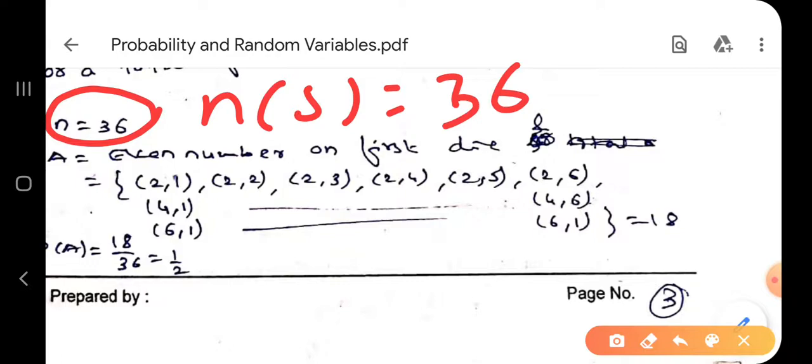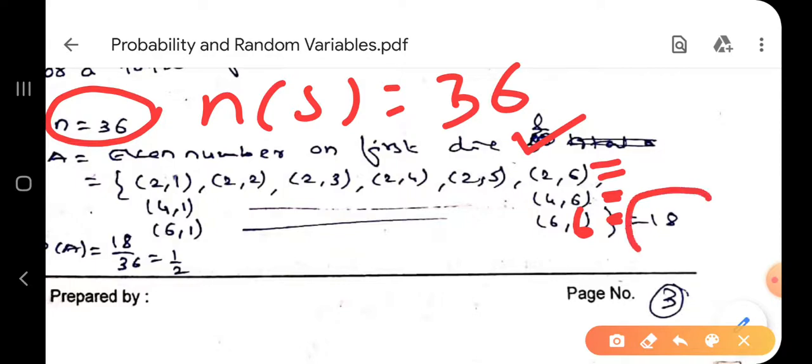Now we define event A. Event A is an even number on the first die. The even number on the first die means the first part must be even. Now see here, 2 1, 2 2, 2 3, all 6 with 2; then 4 1, 4 2 up to 4 6; then 6 1, 6 2 up to 6 6.